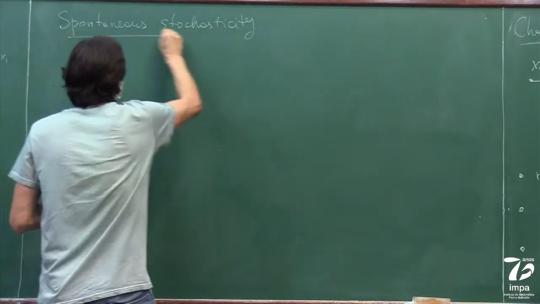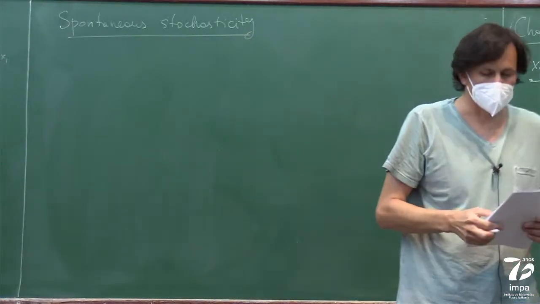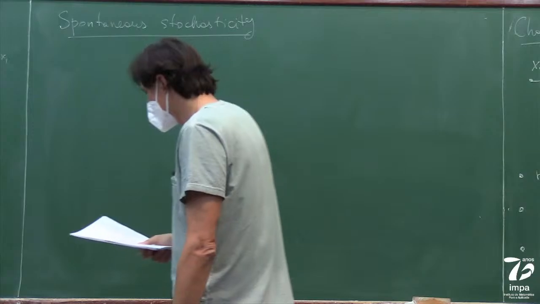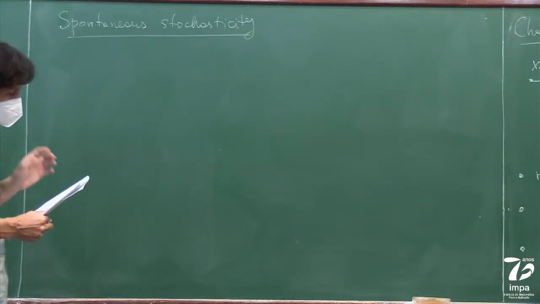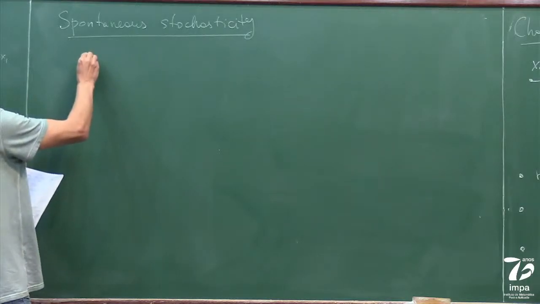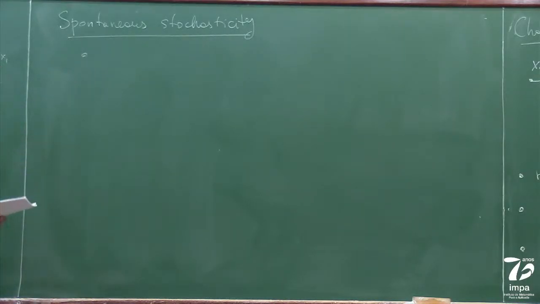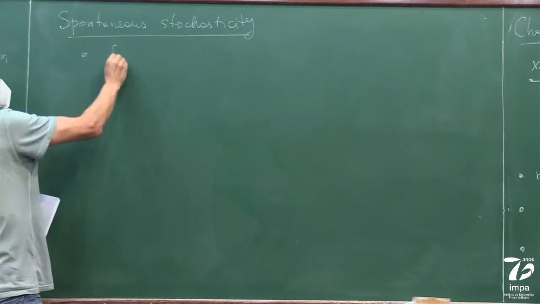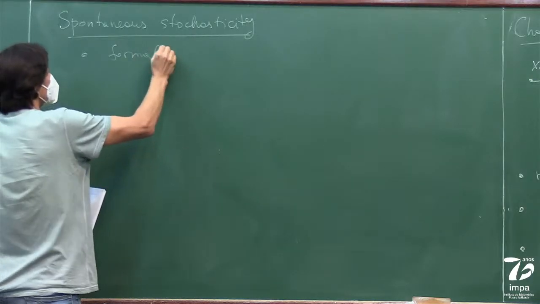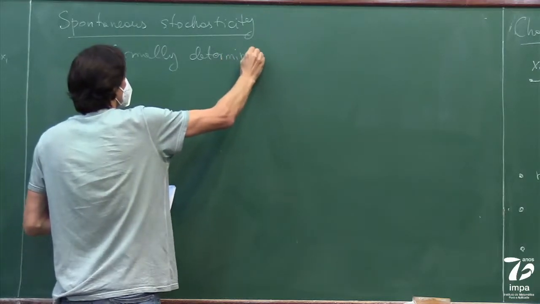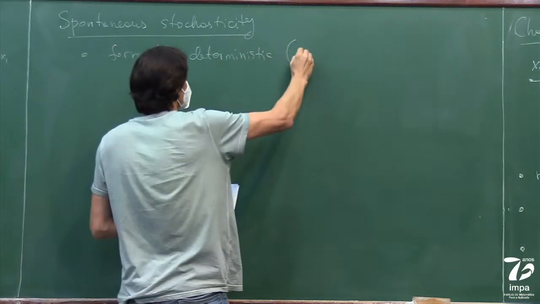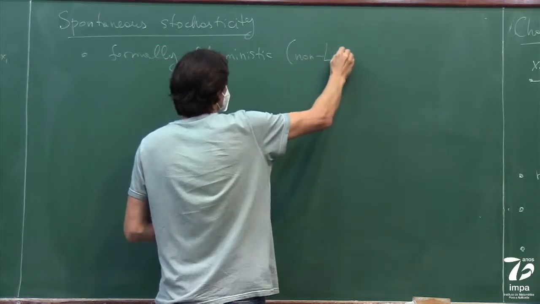This is a phenomenon which you can track back to the works of Lorenz, but it still largely defies any rigorous theory, though you can see it rather well numerically. So what components does it have? First, what has to do with the word spontaneous, it has to do with a formally deterministic system. And usually it must be non-Lipschitz.